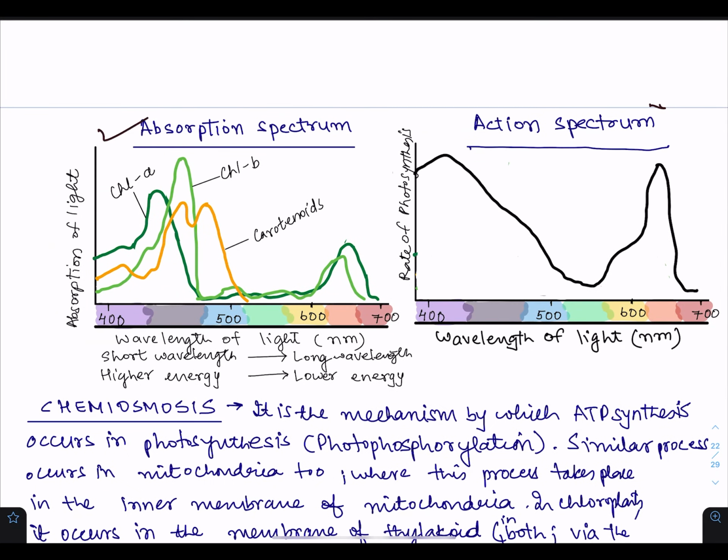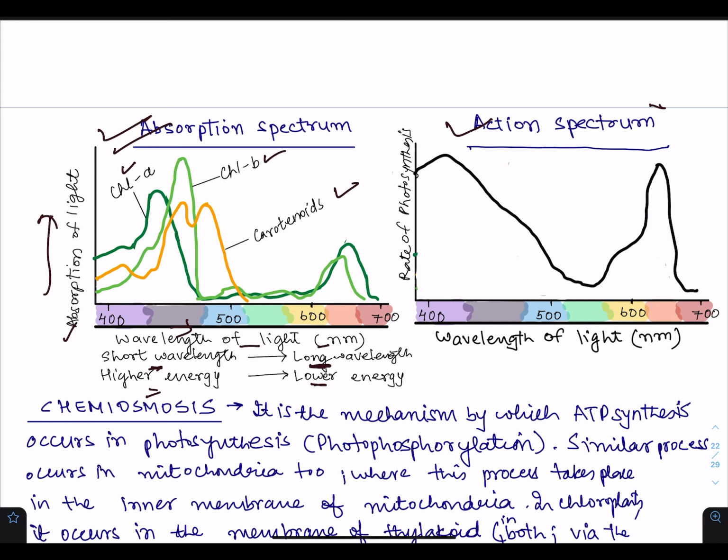Coming to the absorption spectrum and the action spectrum. This is the absorption spectrum of the various photosynthetic pigments. The x-axis shows the wavelength of light in nanometers, and the y-axis shows the absorption of light. Light with shorter wavelength has high energy, and light with longer wavelength has low energy.